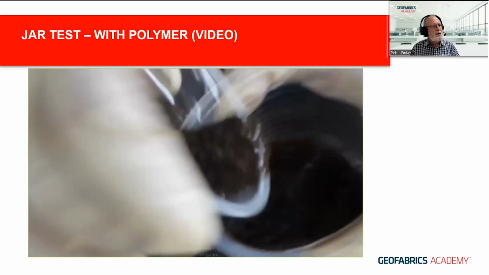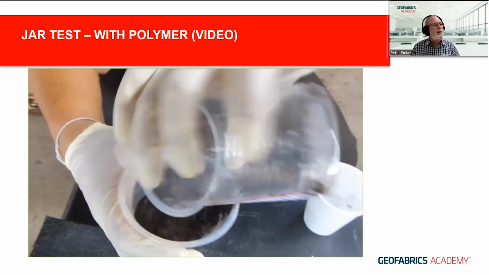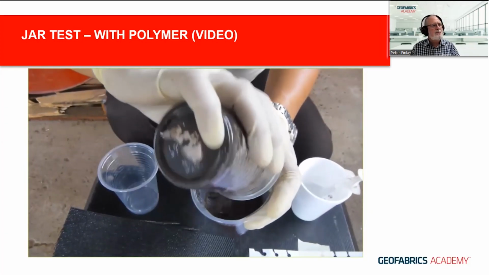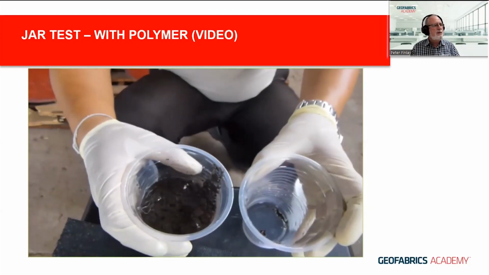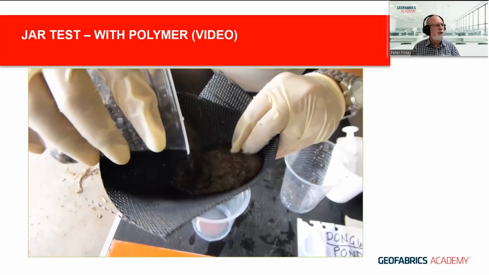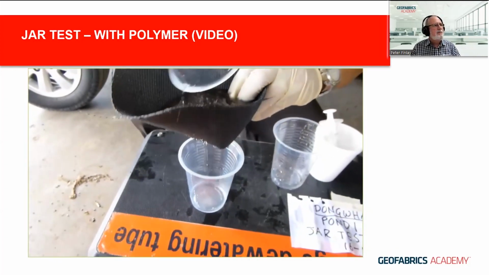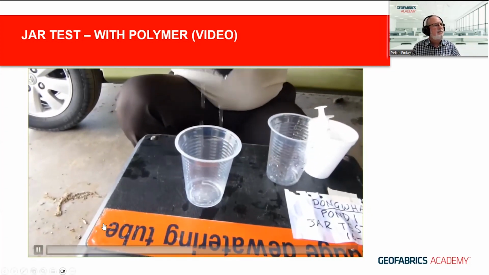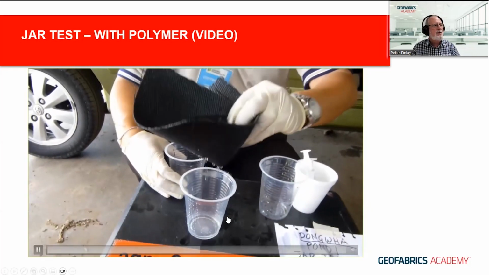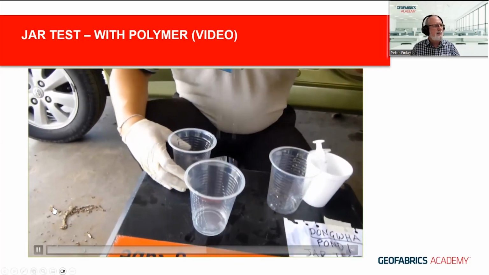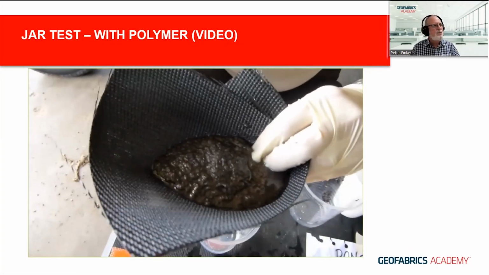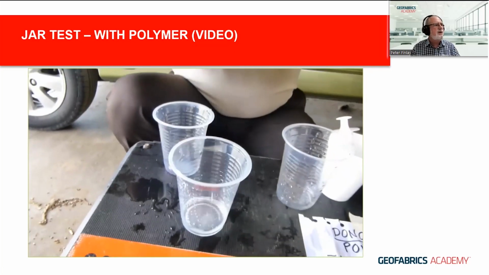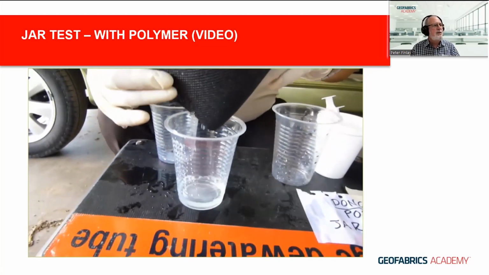This is the energy that's needing to be put in to mix the sediment with the treatment, and you'll see a strong flock at the base and some free water. You'll very quickly see the quality of the filtrate. And so that means that we're retaining a very high percentage of the fine materials.